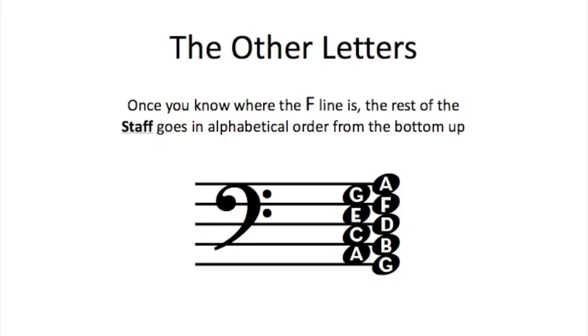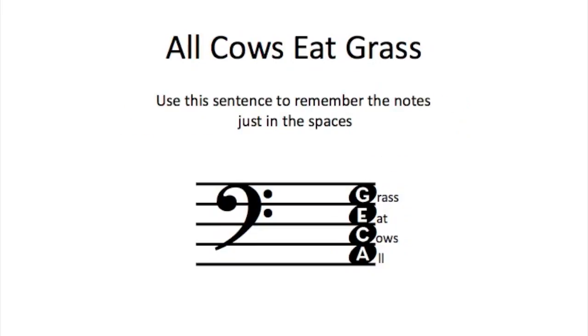The shortcut to reading notes just in the spaces when reading the bass clef is to think of the sentence, all cows eat grass. This will make the bottom space the letter A, and then continue every other letter, A, C, E, G.